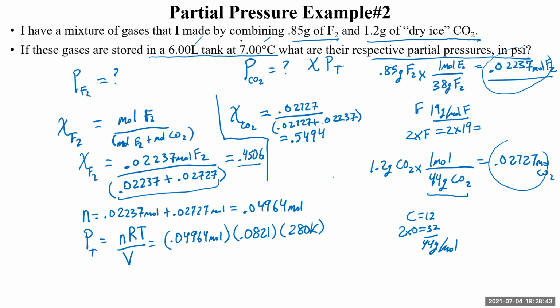You know by now to use Kelvin, add 273 to this, that's 280. Divide by our volume, which is 6 liters. Thankfully, it's in the unit we need instead of having to convert.